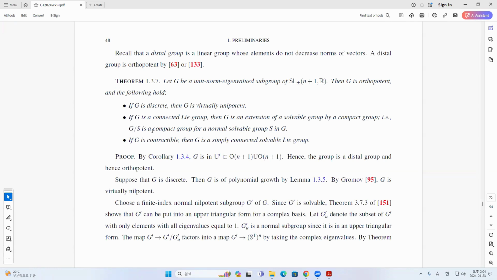That means that G mod S is a compact group for some normal solvable subgroup S in G. And if G is contractible, then it's actually a simply connected solvable Lie group. That's all I'm saying, and I should say contractible Lie group, and this should work.